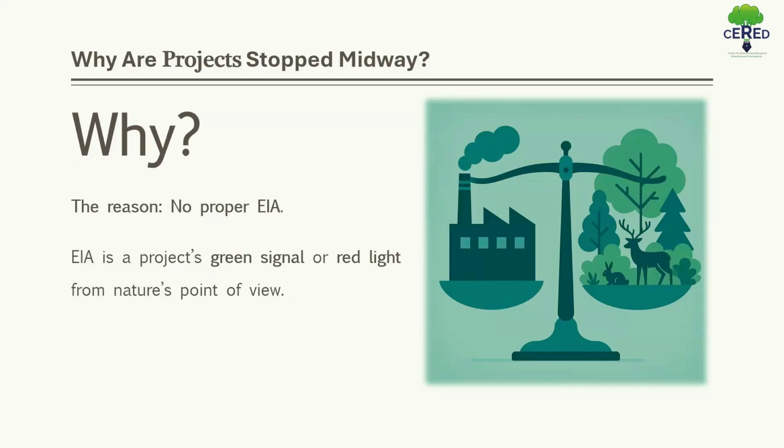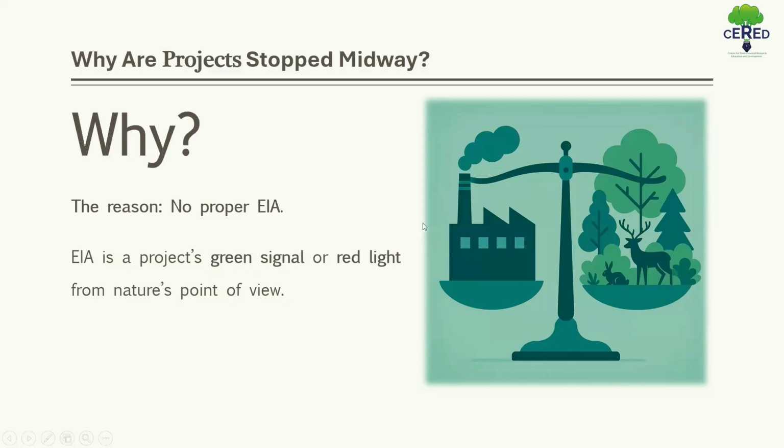We thought from the news that it is due to lack of funds or flaws in engineering. More often, the problem lies in something much simpler, but deeply critical. An inadequate or missing environmental impact assessment is the main cause behind this. That means no proper EIA.